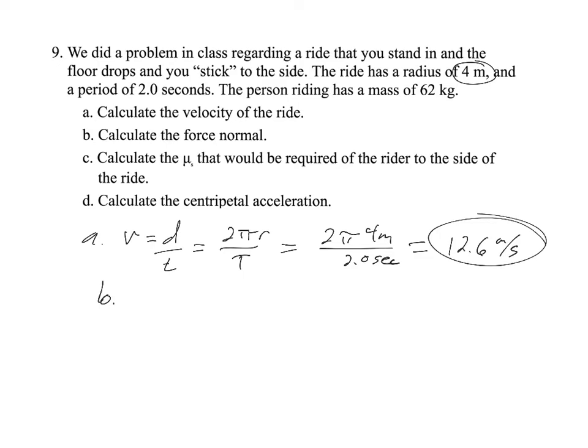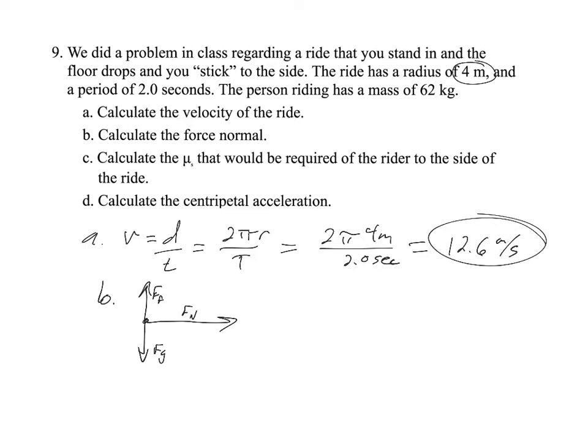Force normal. Well, this is going to be interesting. If we look at this ride, force gravity would be down, and force of friction is up for this because our wall is vertical and the force normal always acts perpendicular.